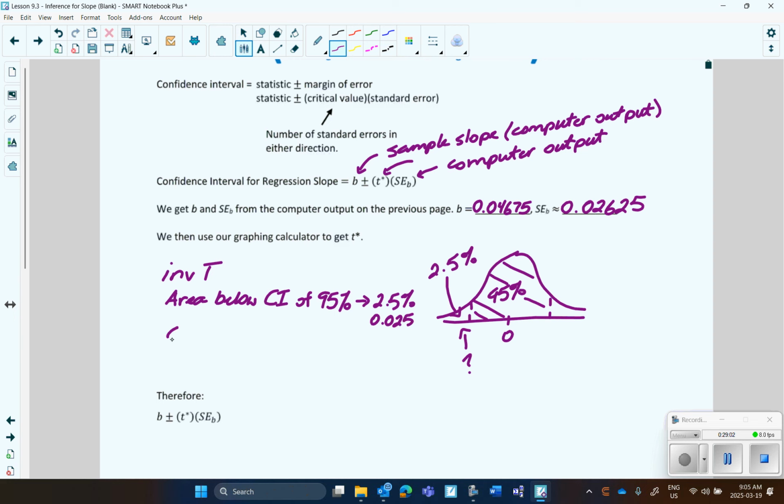When you do inverse t, you're going to be asked degrees of freedom. Now remember, we said degrees of freedom was normally the sample size minus 1. Here it's going to be the sample size minus 2, so n minus 2. The sample size is 19, so 19 minus 2, the degrees of freedom will be 17.